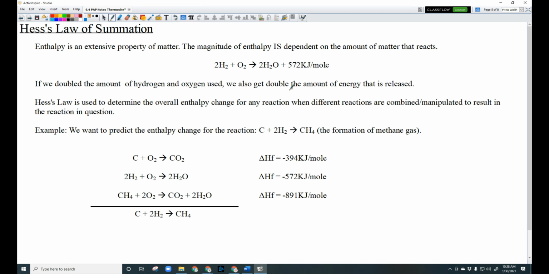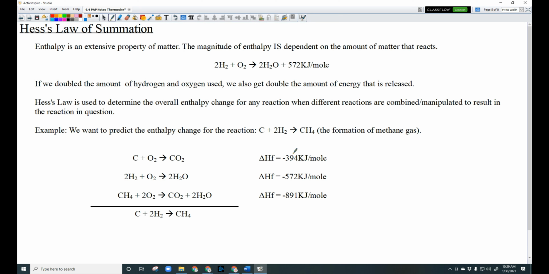So Hess's law is used to determine the overall enthalpy change for any reaction when different reactions combine and are manipulated that result in the reaction that we need to get the enthalpy change for. For example, carbon plus oxygen yields carbon dioxide, and we happen to know the heat of formation for this is negative 394 kilojoules per mole.